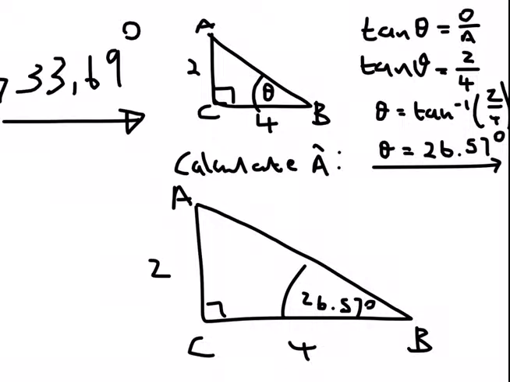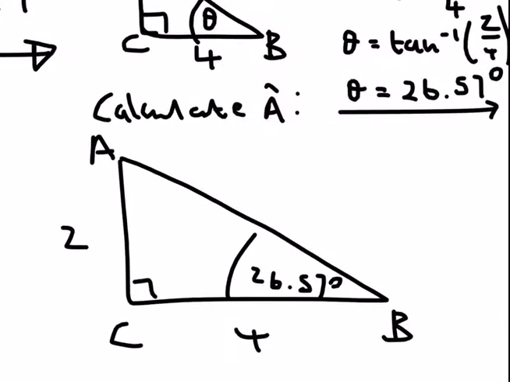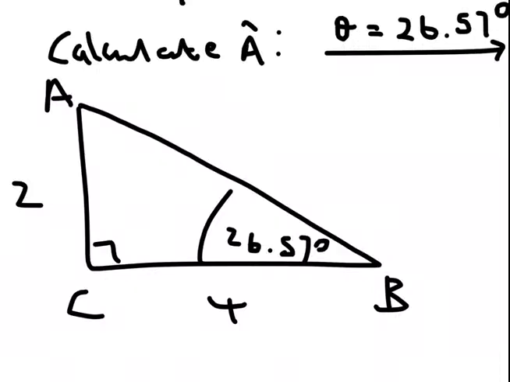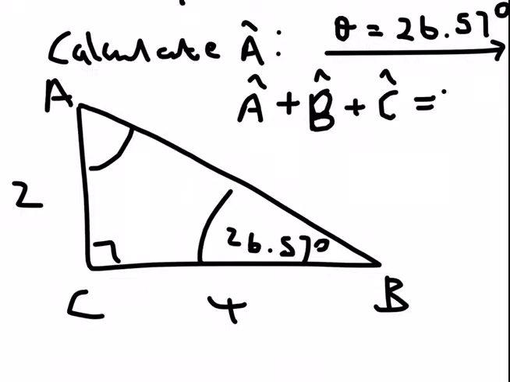They said the interior angles of a triangle add up to 180 degrees. So I'm going to use that same knowledge to get to angle A. So when I take angle A and I add it to the angle at B and the angle at C, they must add up to 180 degrees. Angle A is what I'm looking for.